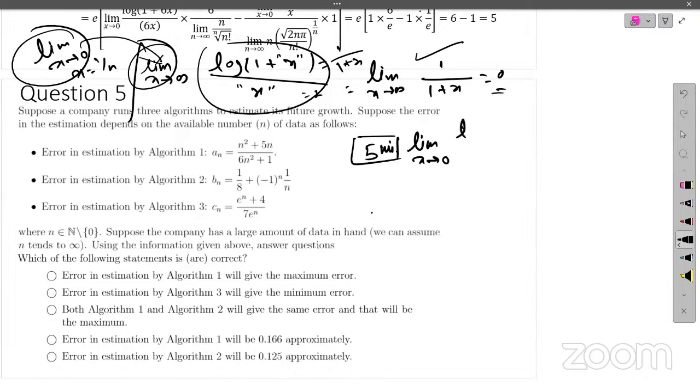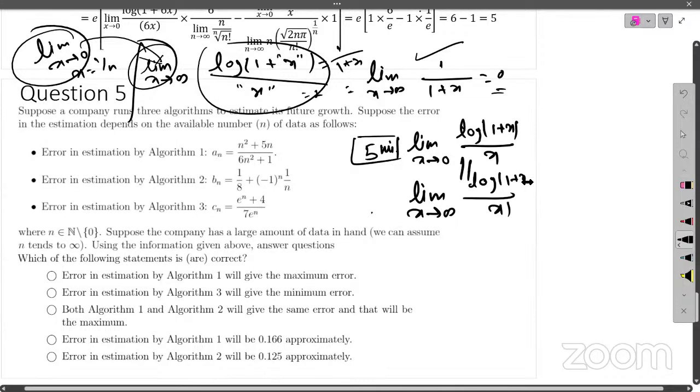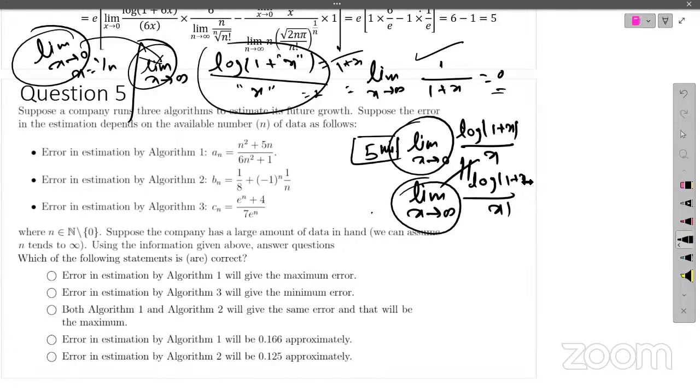Limit x goes to 0 of log(1 plus x) upon x, and limit x going to infinity of log(1 plus x) upon x. These two things are obviously not equal because the function is the same but the limits are different. If we make it 1 by x, then the value will tend to 1 only, right?